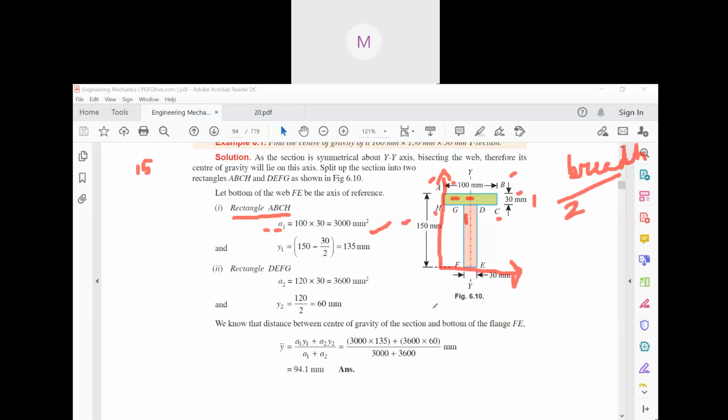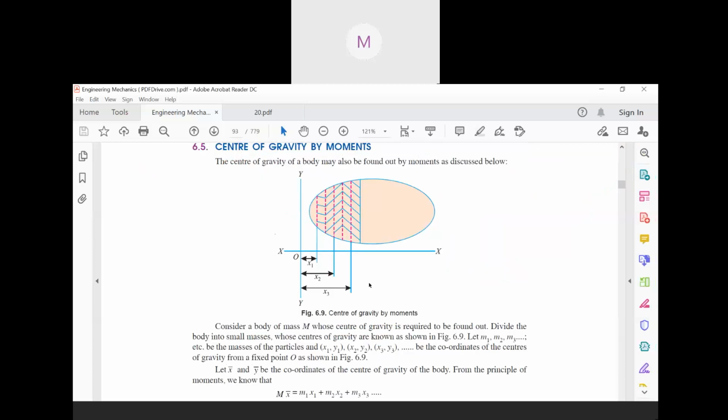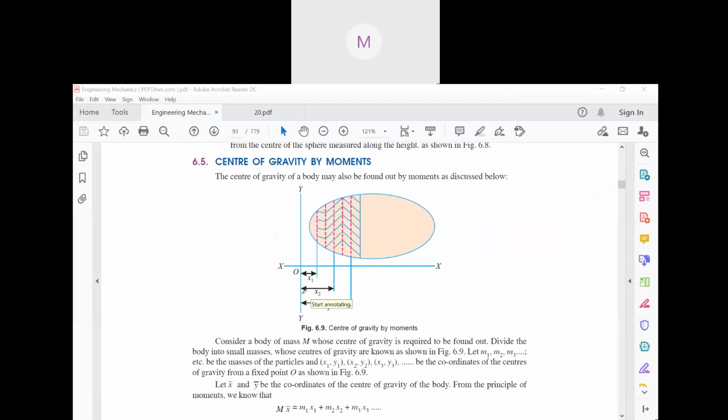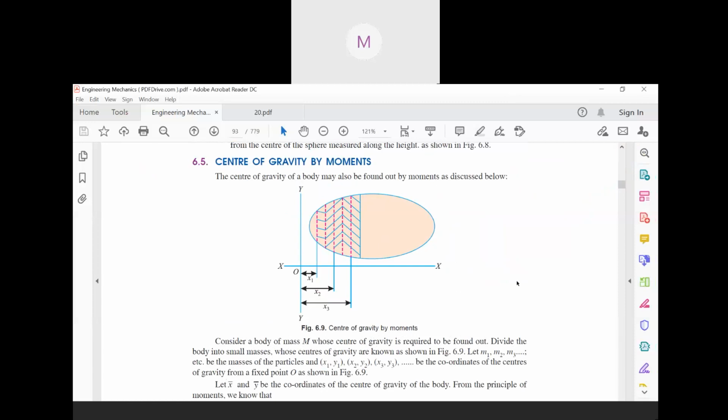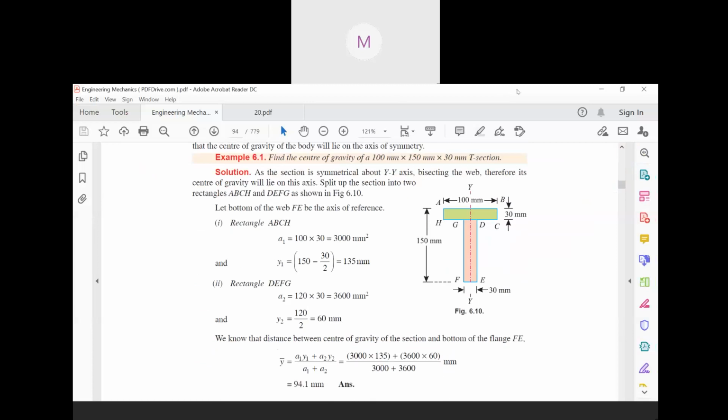For finding out y1, remember y1 is what? If you see the first figure, if you see this figure, look, this is for x, just consider y. The distance from this axis, from the main axis, is not only this part, the center part. So here you will have to find out how.